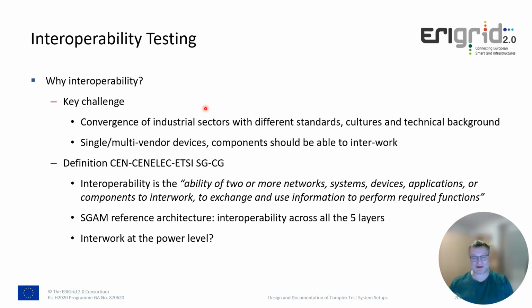And if we look at the definition from the Smart Grid Coordination Group, this is a subgroup of the CEN, CENELEC, ETSI approach, and they define interoperability as the ability of two or more networks, systems, devices, applications, or components to interwork, to exchange and use information to perform required functions.